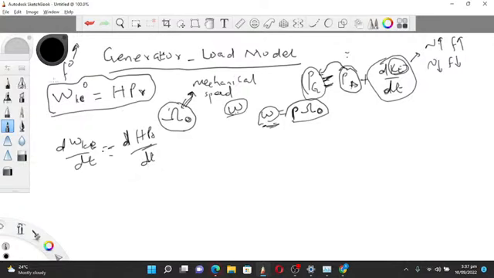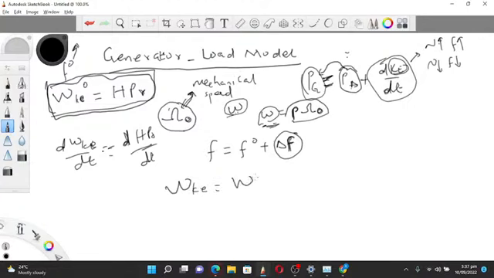Now this is our kinetic energy at normal frequency. But what if the frequency increases to, let's say, a change in f? Let's say it increases slightly. Then our new kinetic energy is our old kinetic energy times this expression here squared.